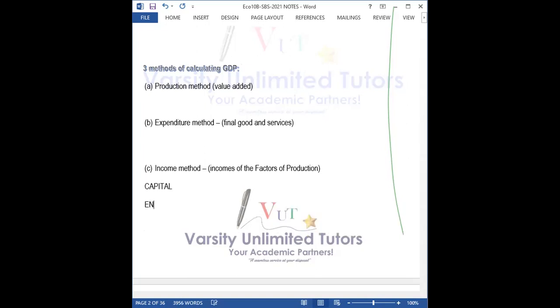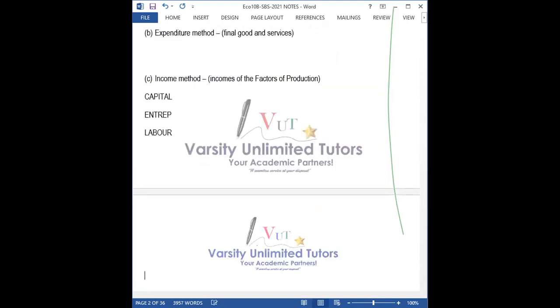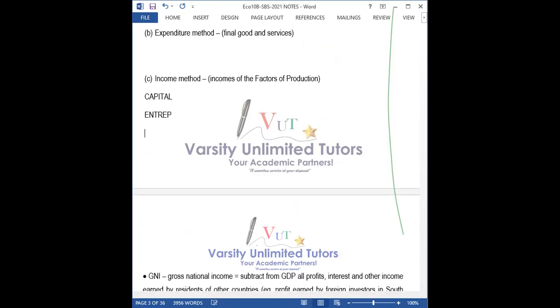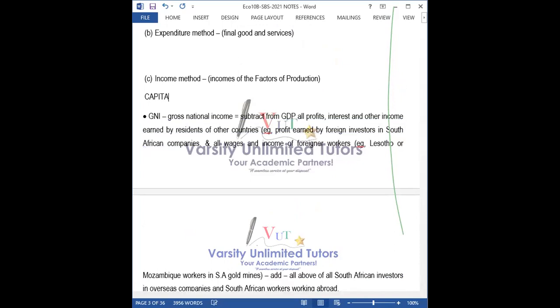And with entrepreneurship, we have land, we have labor, then we have natural resources. All right. So basically, those are the 4 factors of production.